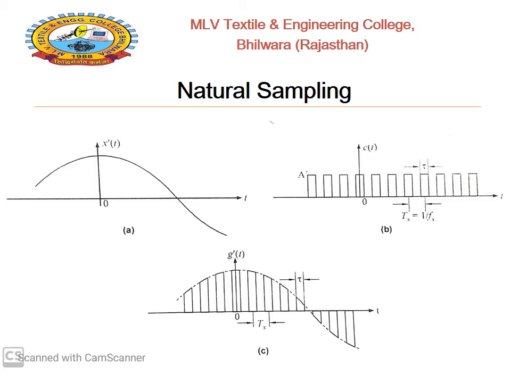As shown in this PPT, figure A represents, similar to the previous PPT, x dash of t, a continuous time signal. Figure B represents a pulse train, not an impulse train.